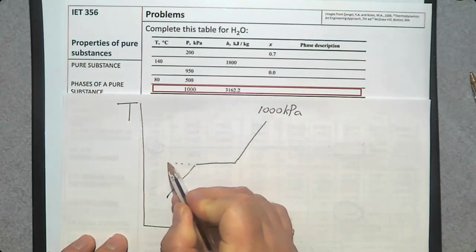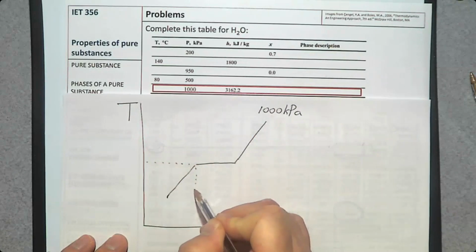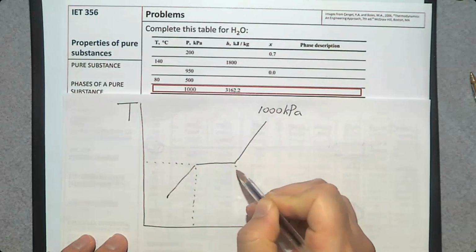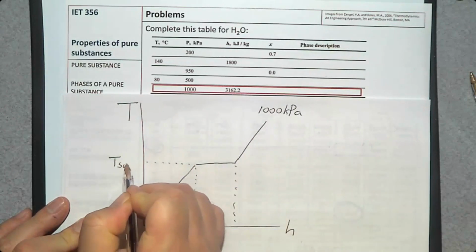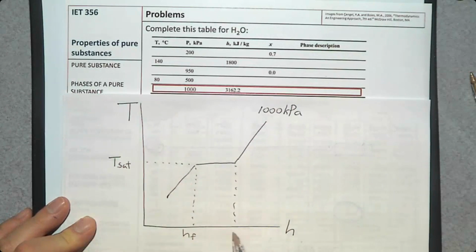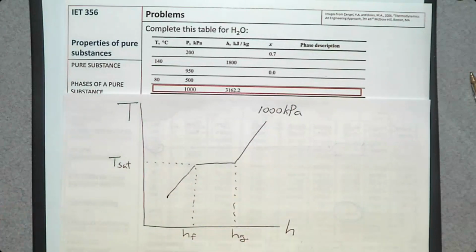So to complete this TH diagram, we need to know how many? 3 properties. They are T sat, HF, HG. Then where can we find T sat, HF, HG? From this pressure.